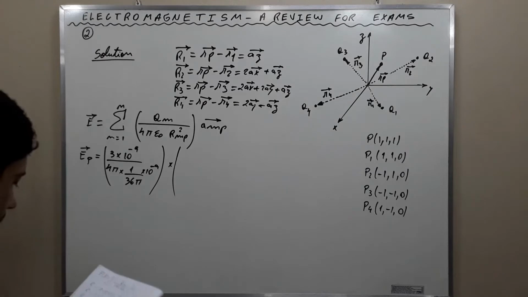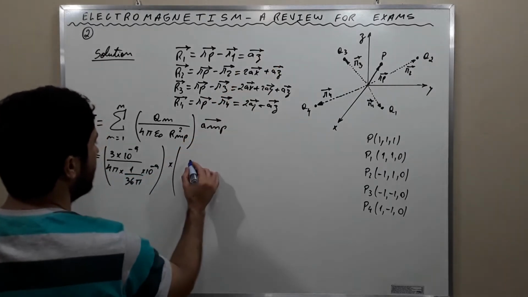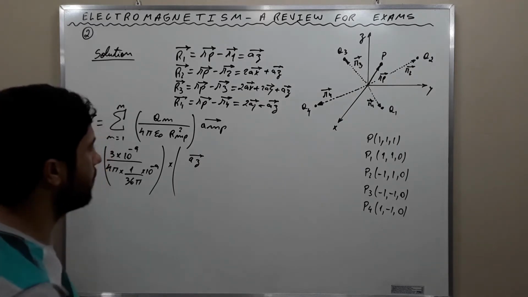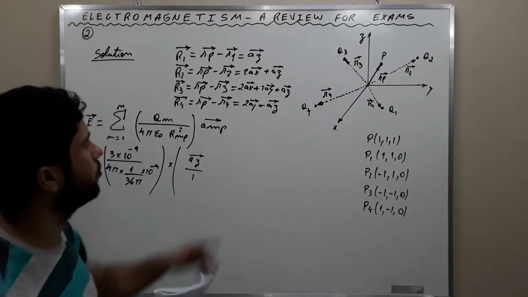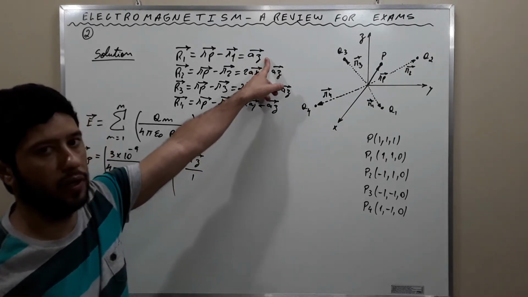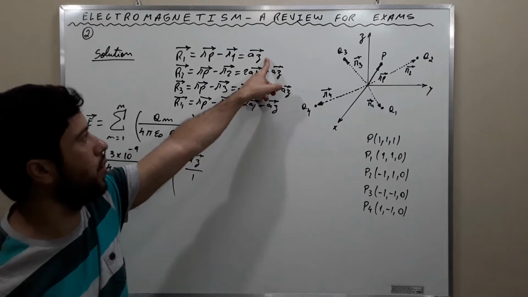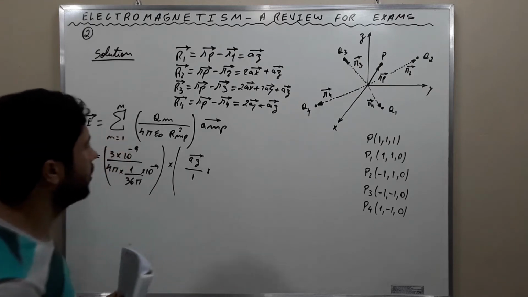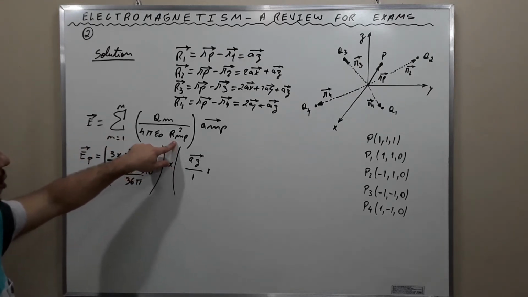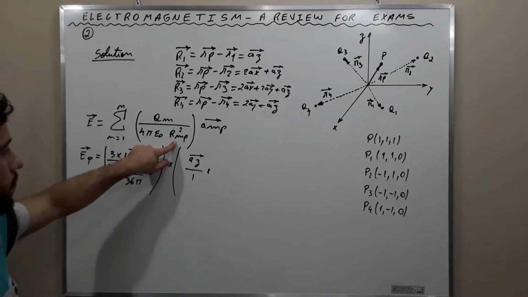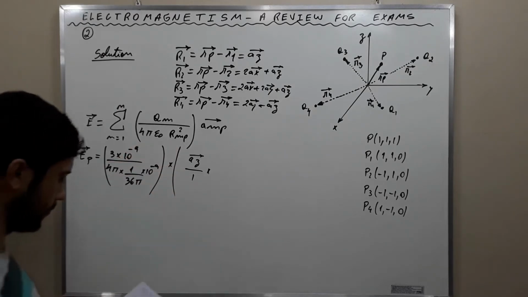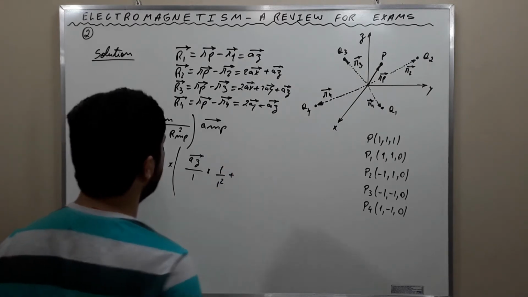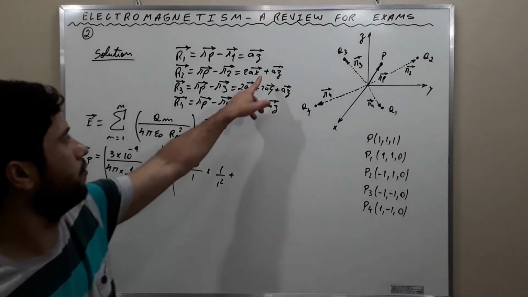The unit vectors are, for this direction, AZ divided by the magnitude. The magnitude here is 1. The square root of 1 squared is 1. Here you observe that we have to multiply by the magnitude squared. 1 squared is 1. The same is needed for this.